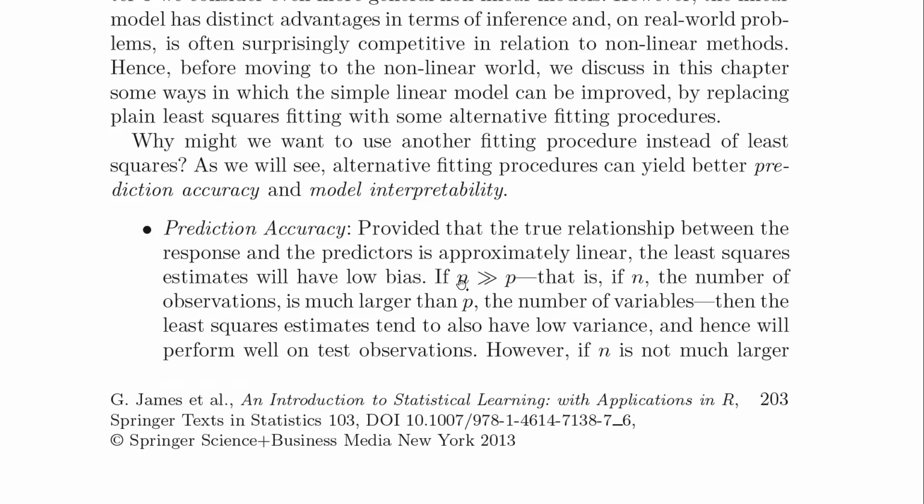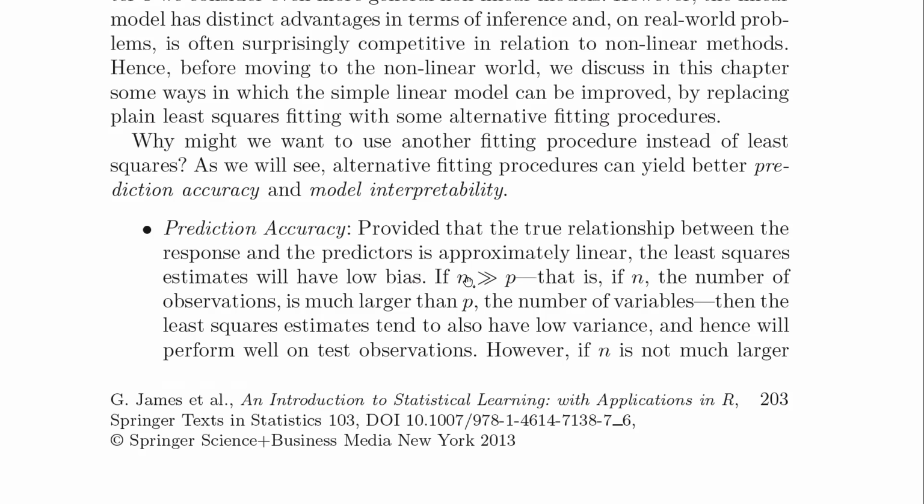If the number of observations, so in the Auto data set, we have around 392 observations. The double inequality means much greater than. Mathematically, what do we mean by much greater than? It depends on the context, but let's just go with it.